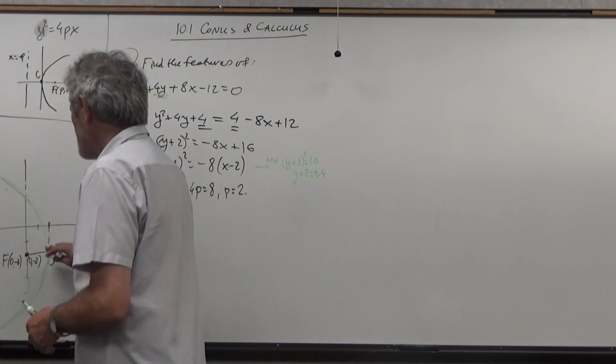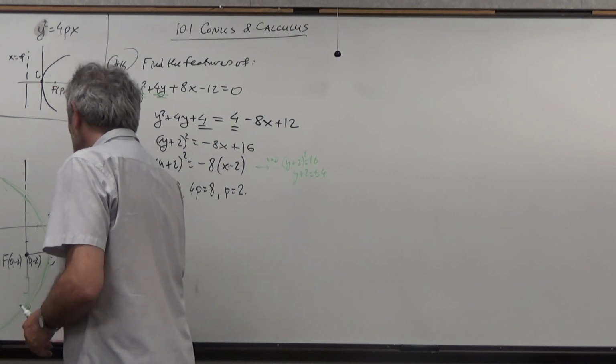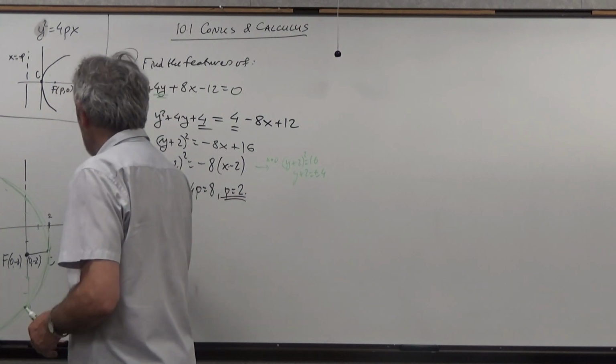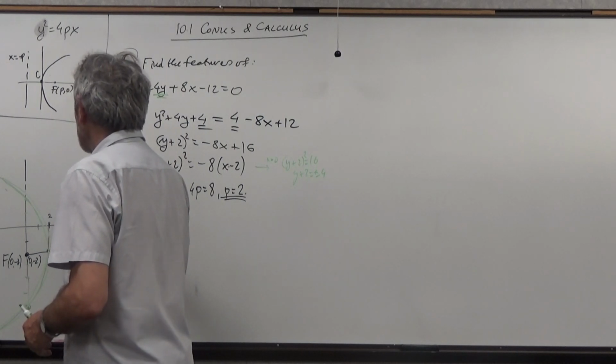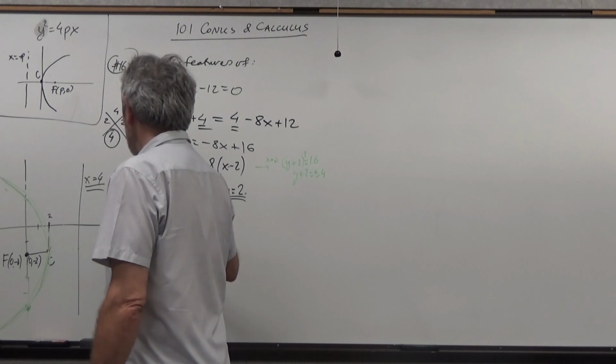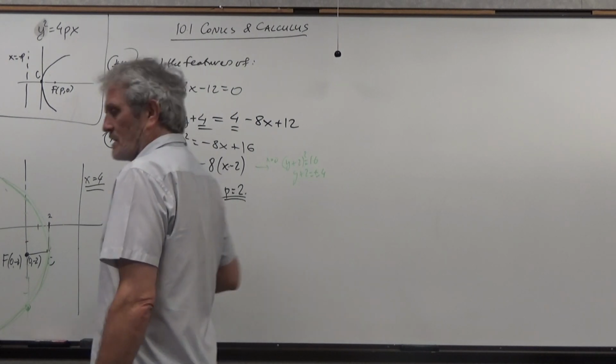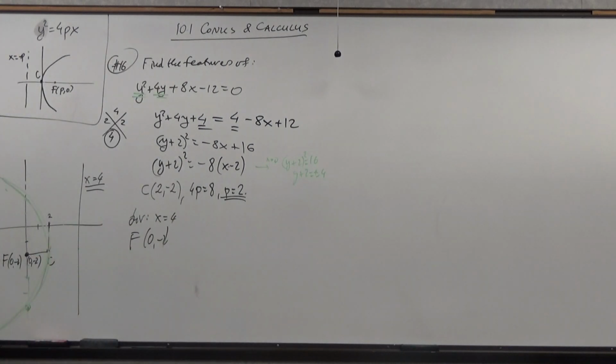What about the directrix? It is 2 to the other side. This was x equals 2, so this will be 2 more, because p is 2, so this is the line x equals 4. So here is the directrix, x equals 4, and the focus is 0, negative 2.